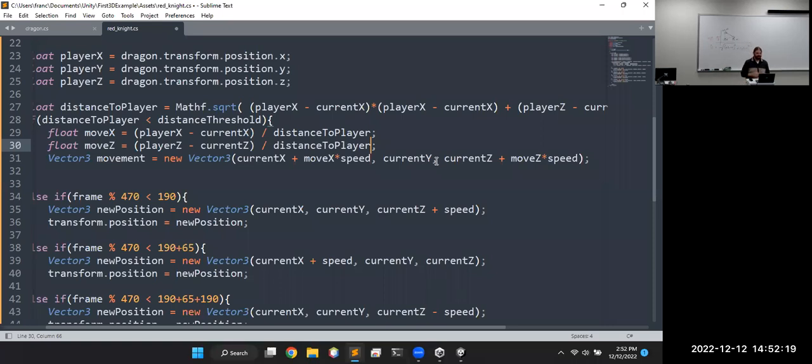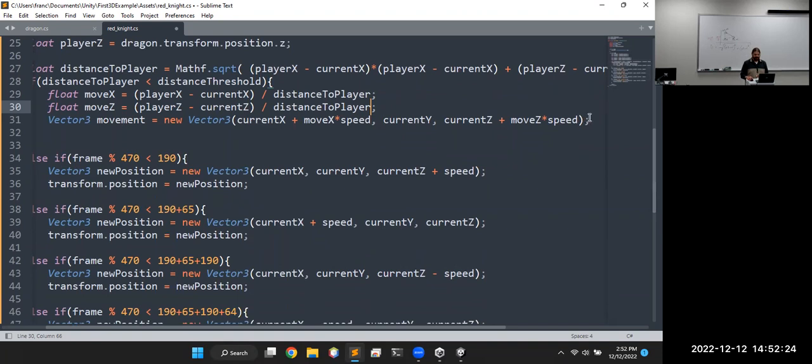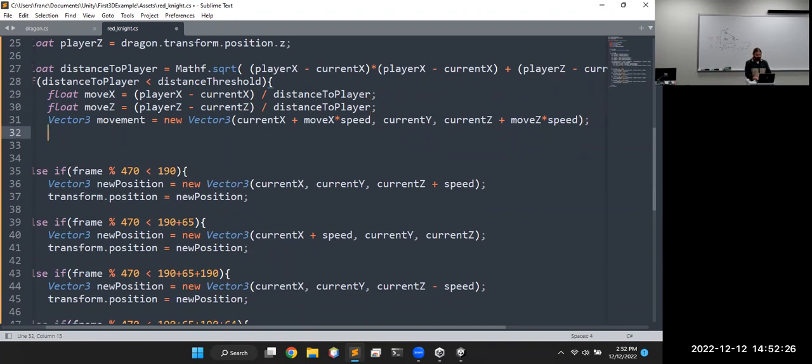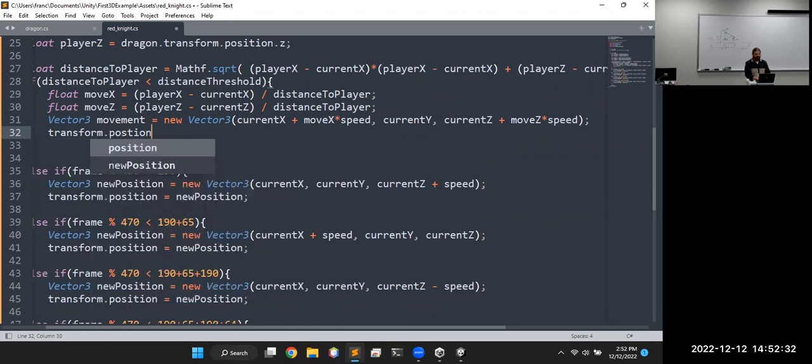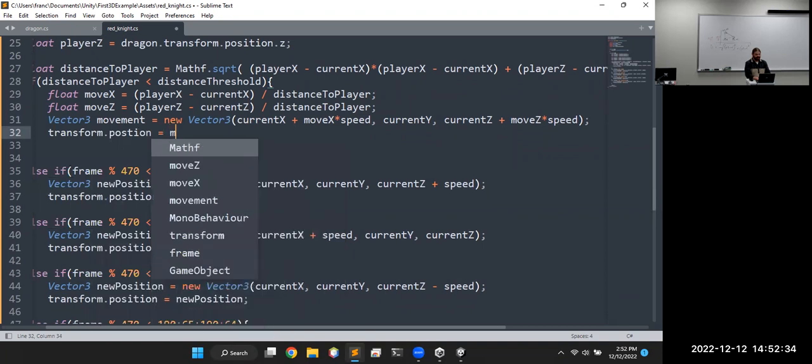But that should give us the correct negative or positive value. Then we have how much we want to move, and then we just go like we saw before. We can just reset our transform to that new position. It is reassign that movement.